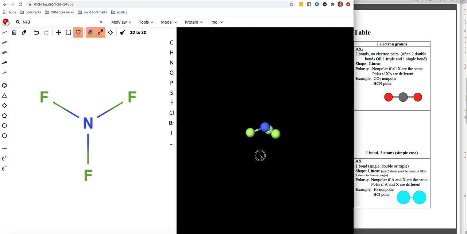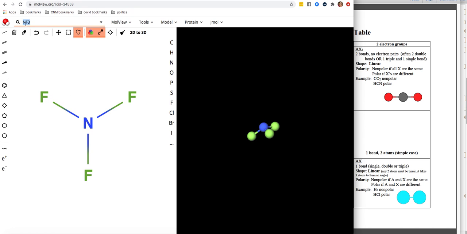And so you can move that around. You just click it with your mouse and drag around. And so you can see that the green fluorines are down at a little bit of an angle from the nitrogen in the middle.